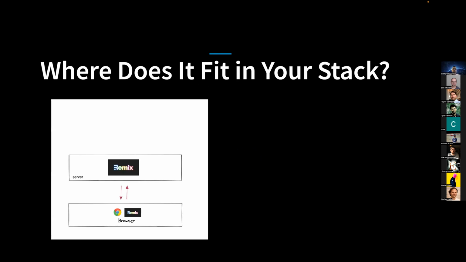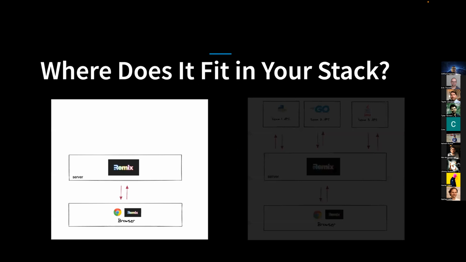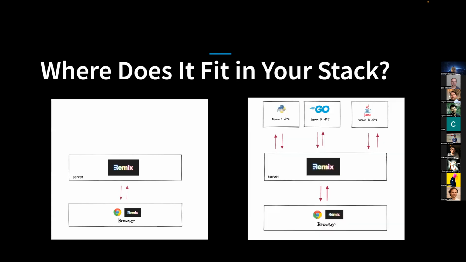You could use it in a traditional client-server model like this, or what a lot of people also do is use Remix similarly to the left. They use it as the front-end web server, but that server is making calls to other APIs.